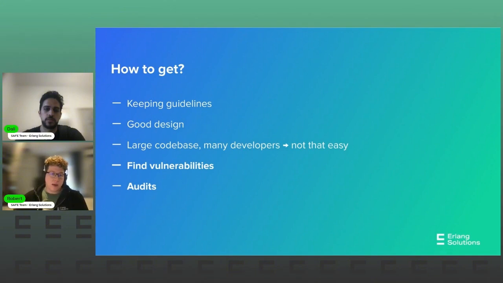But in a large code base, you most likely have many developers, and it's not that easy to follow all the standards and ensure that every piece of code is written as well as possible, because even with the most effort, mistakes can slip through. That is why it is important to regularly check for vulnerabilities in your source code and also do some security audits.